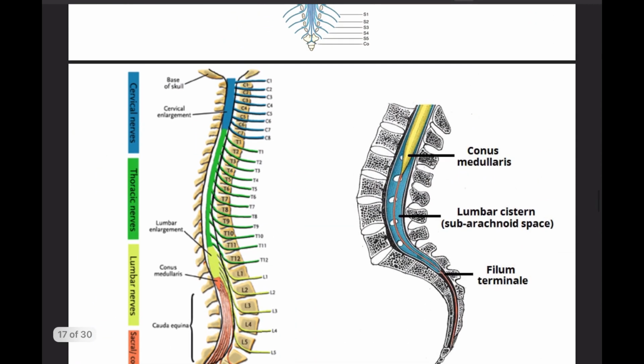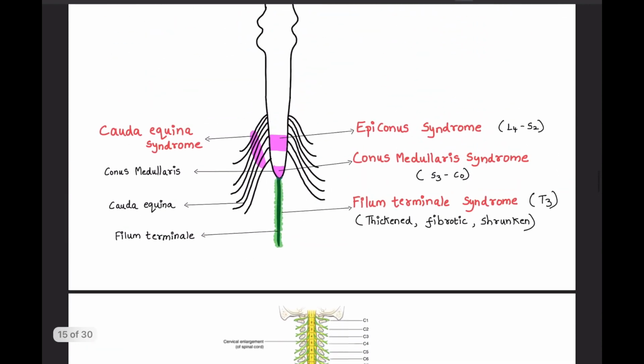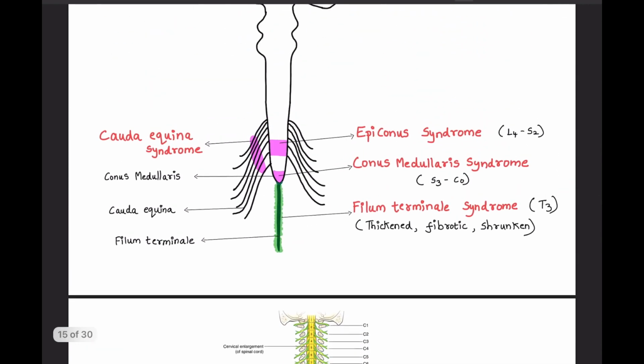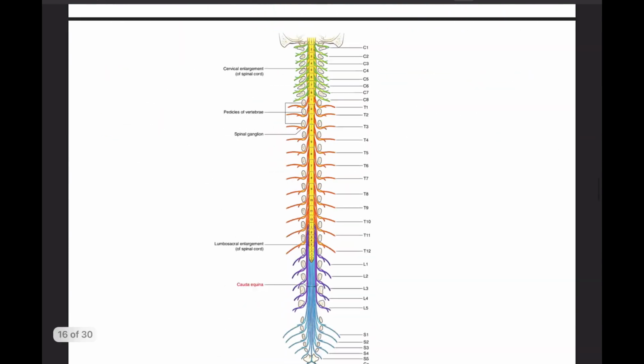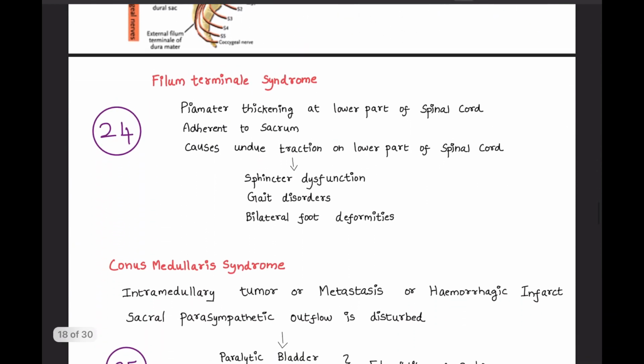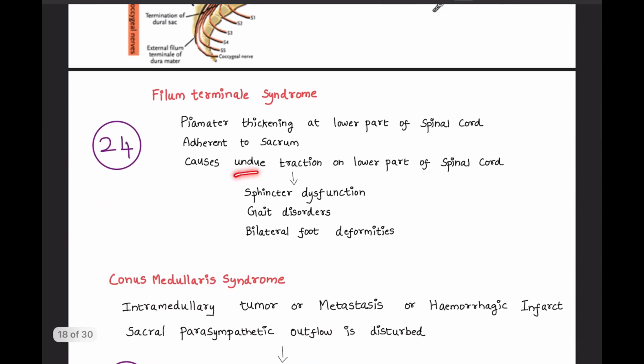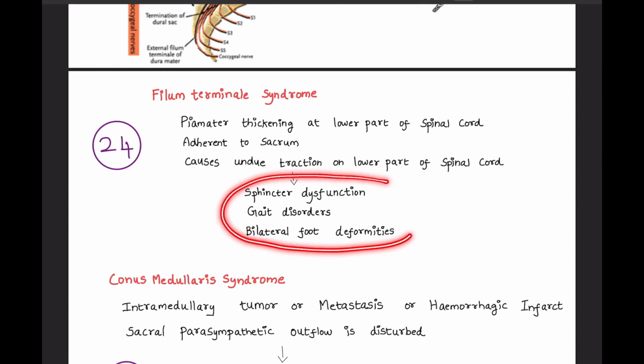What it causes is that it will pull the spinal cord downwards. So there is undue traction on the lower part of the spinal cord. Because of this, the patient will have clinical features: sphincter dysfunction, gait disorders, and bilateral foot deformities.